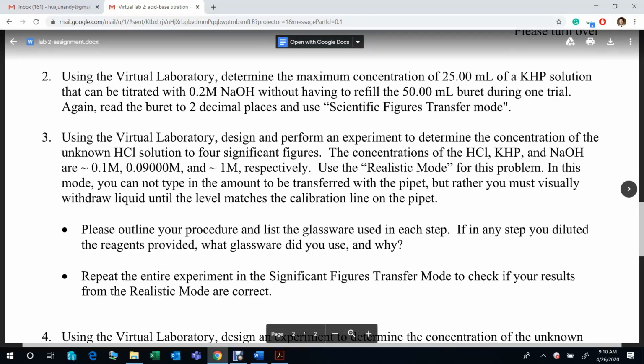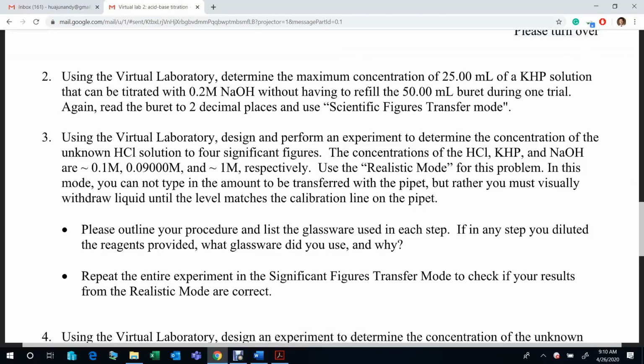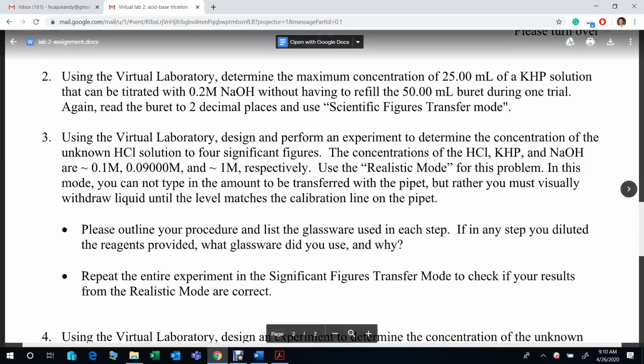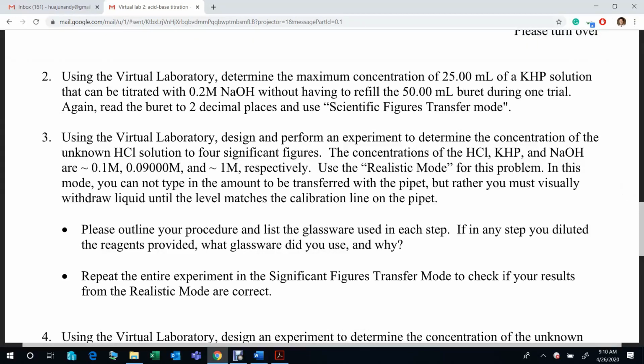In this case, we only know the exact concentration of KHP, and we don't know the exact concentration of sodium hydroxide and the exact concentration of hydrogen chloride. If we use this offline version, we don't need to worry about the realistic mode for this problem.